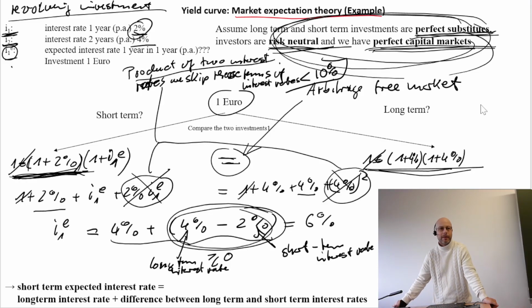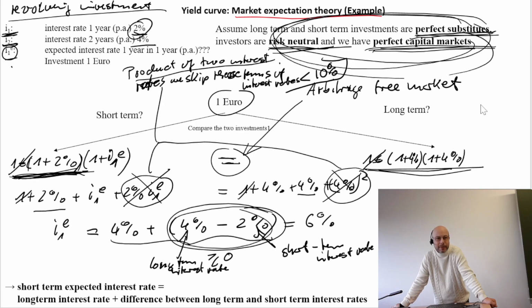Well, and then we can say, if especially short-term interest rates are larger than long-term interest rates, we can deduce from the yield curve that market expectations are that short-term interest rates will decrease.